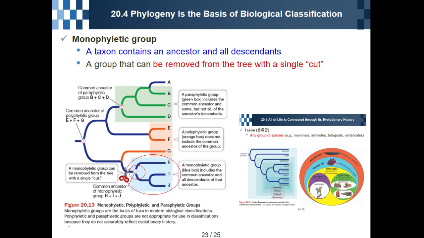You have to know what is monophyletic, what is paraphyletic, something like that, okay? A monophyletic group taxon contains the ancestor and all descendants.